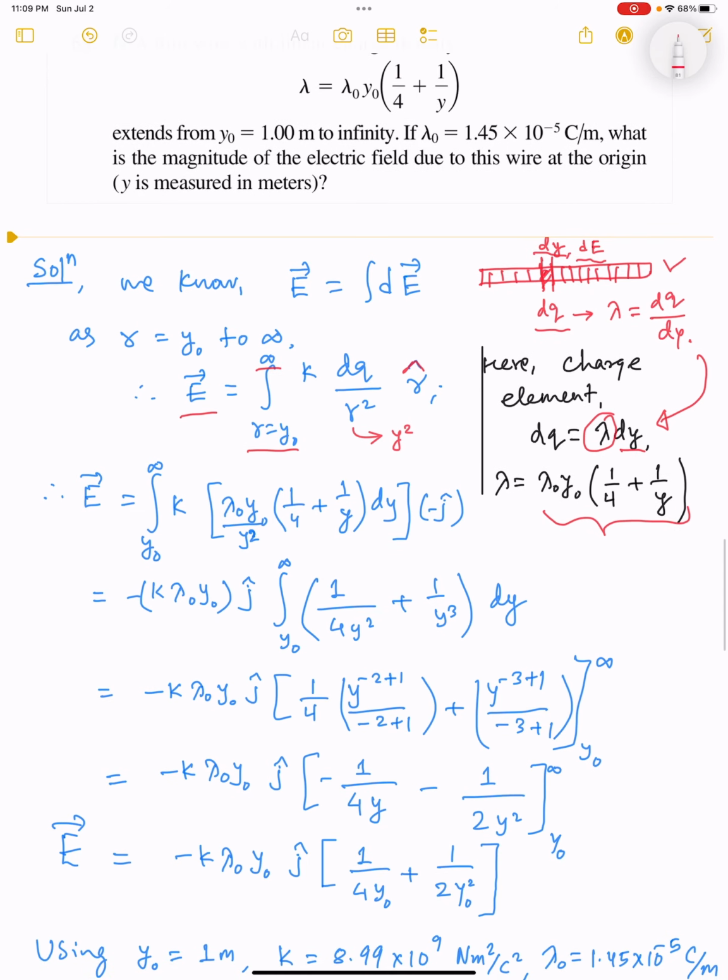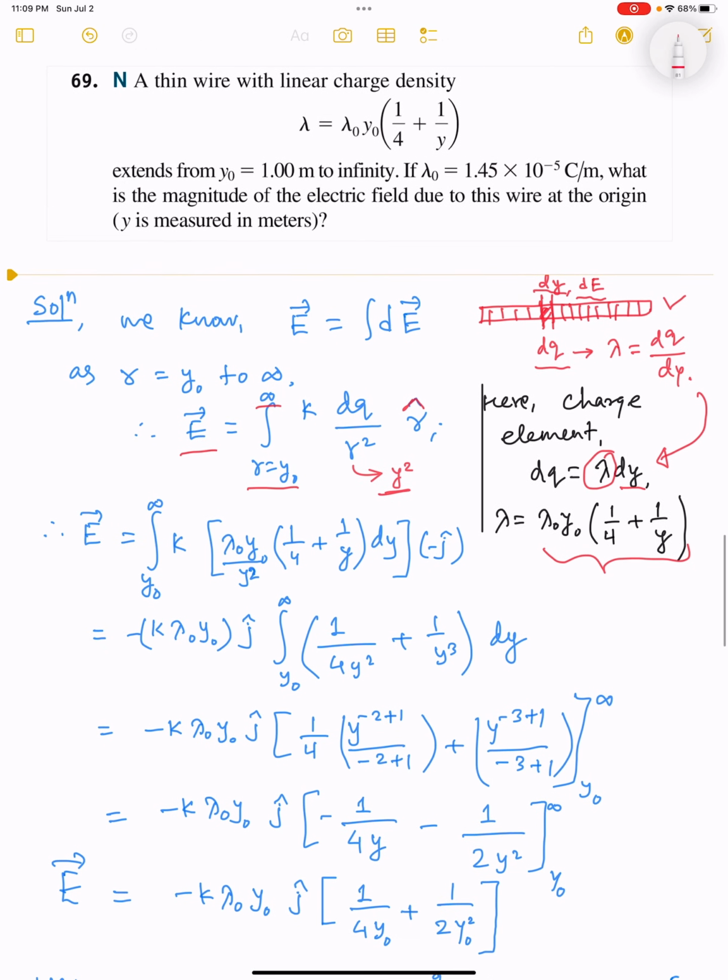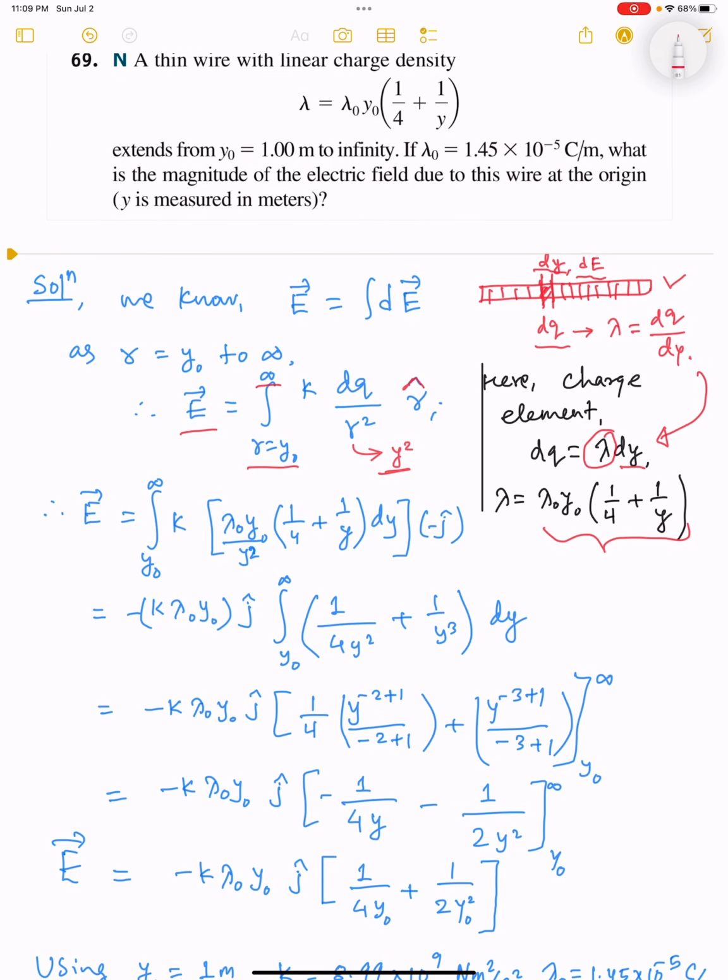Here r is the distance, the length of this thin wire, which is y, so the distance squared means y squared. Further, this is k, but we have dq as lambda times dy, where this term is lambda and this is dy.